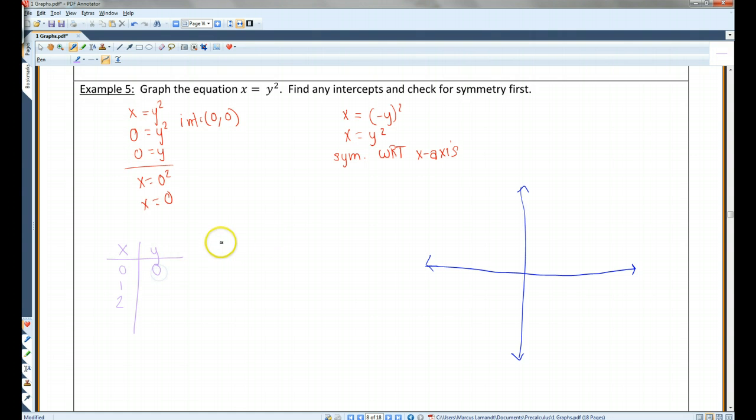Let's do 0, 1, and 2. 0 we already know is 0. So for 1, actually, let me do 4 instead, just because I already know what the graph kind of looks like. If you plug in 1 for x, take the square root of both sides. Y equals positive or negative 1. Plug in 4 for x.